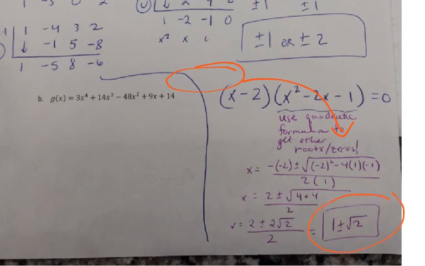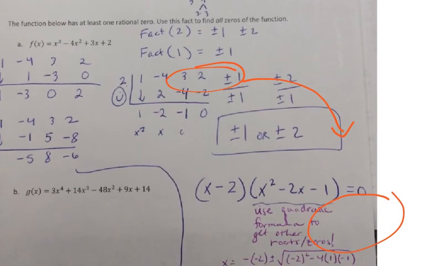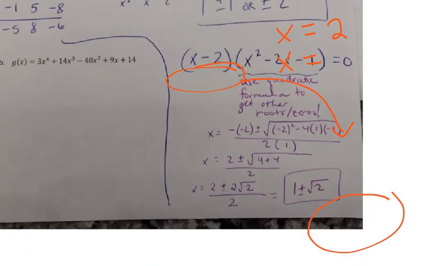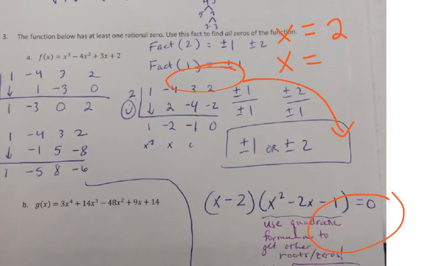So in this example, we ended up getting that x was equal to 2, and x was equal to 1 plus or minus the square root of 2.